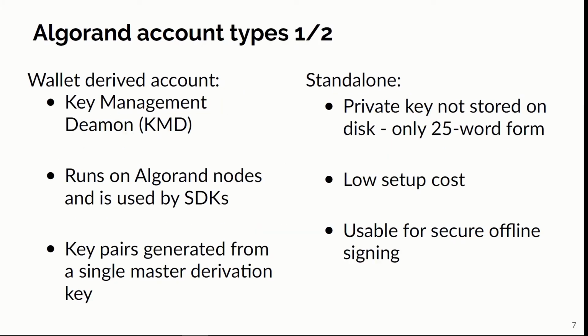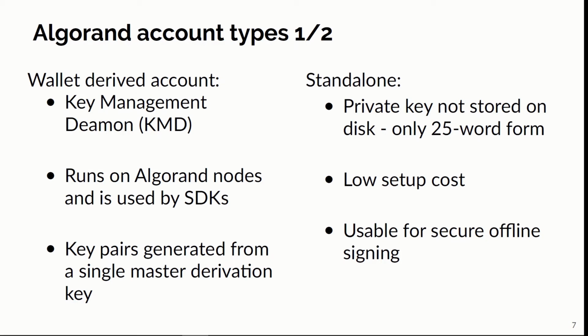Before we dive into the demo, we will also briefly touch on what types of accounts exist in Algorand networks, for development and in general also for running nodes. We have two main accounts. One is called the wallet-derived account and the second one is the standalone account.